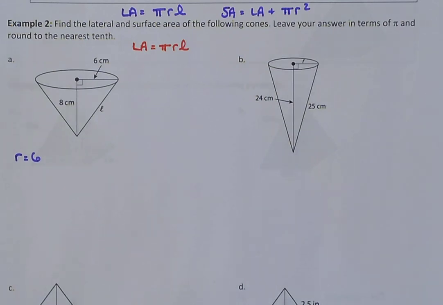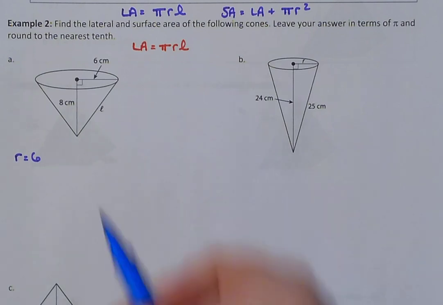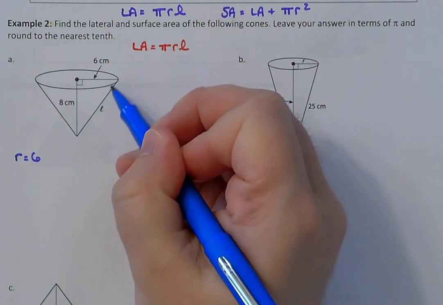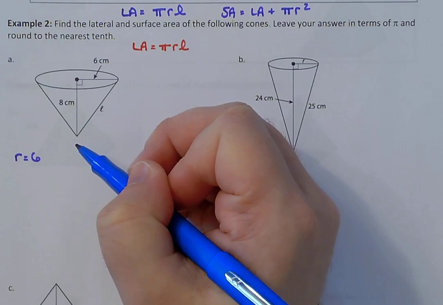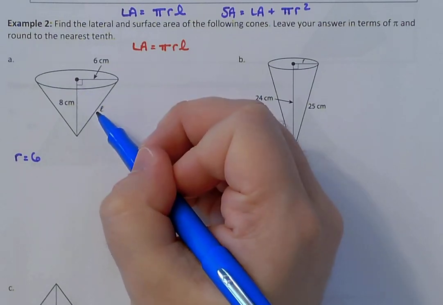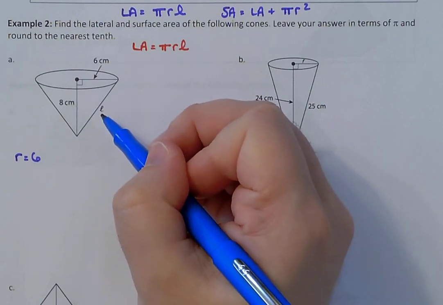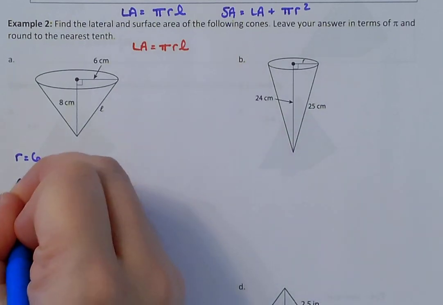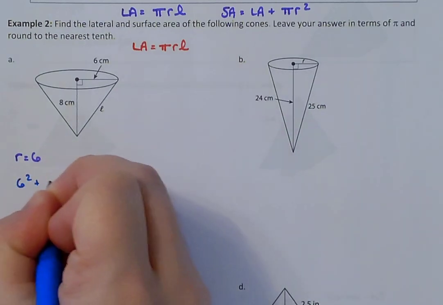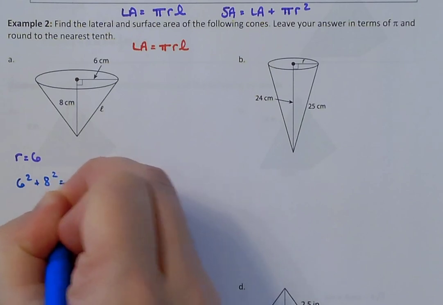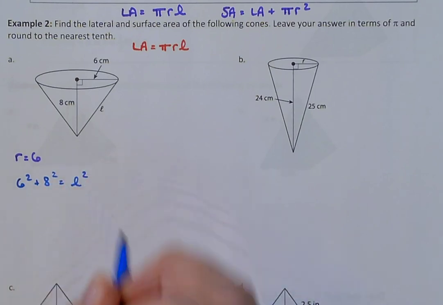The slant height, like I said, is your hypotenuse. It's the side opposite the right angle. So it's a squared plus b squared equals c squared, which is 6 squared plus 8 squared equals L squared.